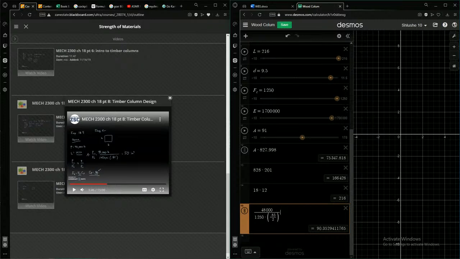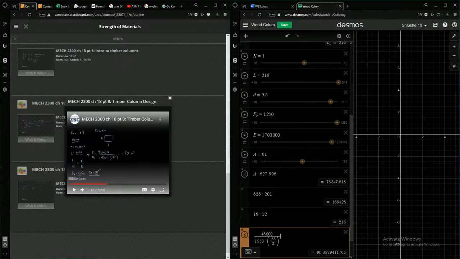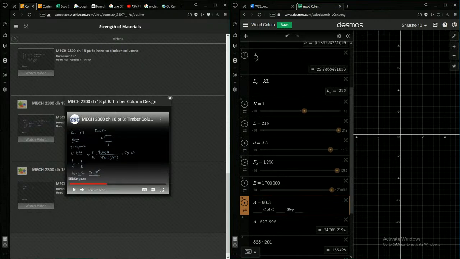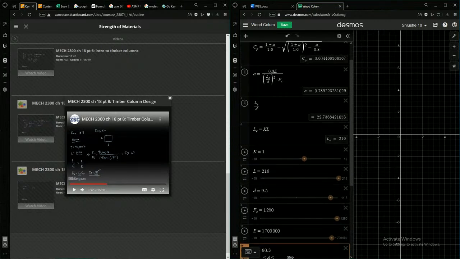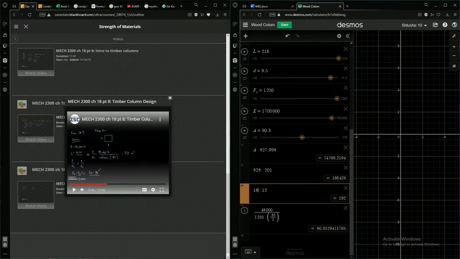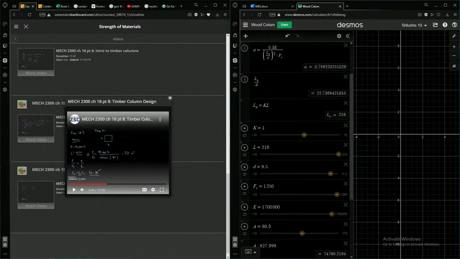So we're gonna go ahead and put in our area here of 90.3. Some of those numbers changed, but our length is 16 feet. So our length is going to go shorter, so our beam will be stronger.